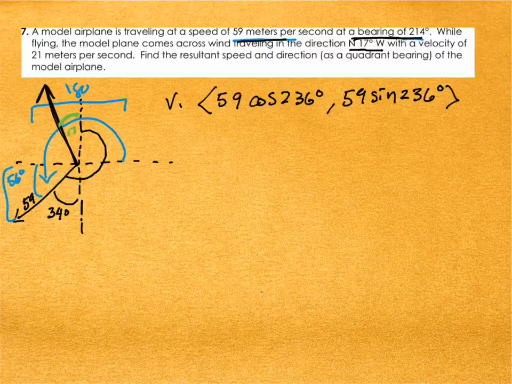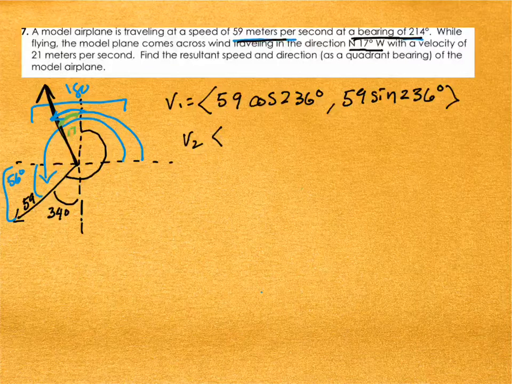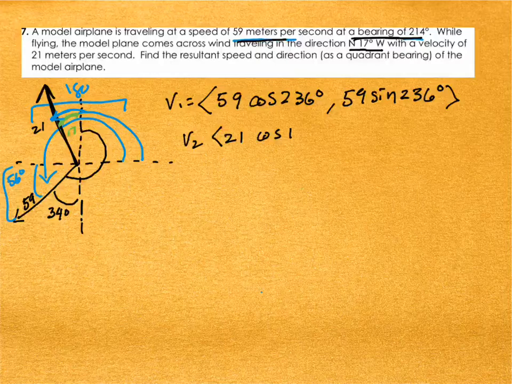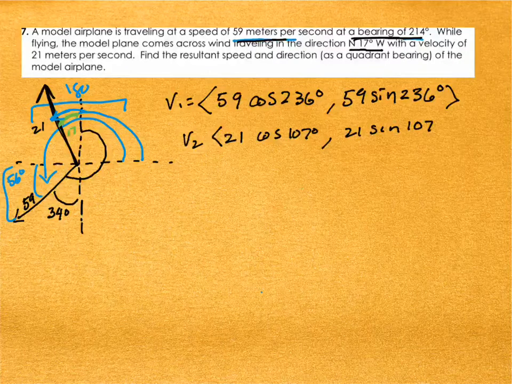So when I'm trying to do my complete angle here for my trig function, it's 90 plus 17, right? Which gives me 107. So the second vector is equal to, oh, and what was the velocity? 21 meters, so 21 cosine of 107 degrees, 21 sine of 107 degrees.